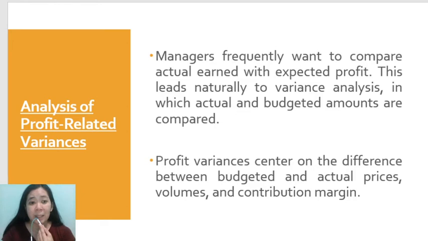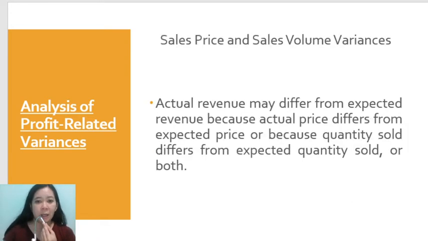Profit variances center on the difference between budgeted and actual prices, or it can also be the difference in volume and contribution margin. For the first analysis, we have what we call sales price and sales volume variances. In this variance analysis, we focus on the selling price and the sales in terms of units: the difference between the actual price and the expected or budgeted price, and between the actual sales volume and the expected or budgeted sales volume in units.